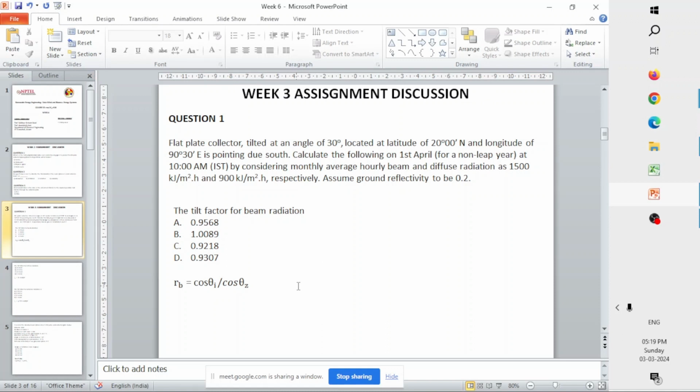So cos theta z, if you remember, the formula is sin phi sin delta plus cos phi cos delta cos omega. Yes, that is the formula. So let's just calculate now.